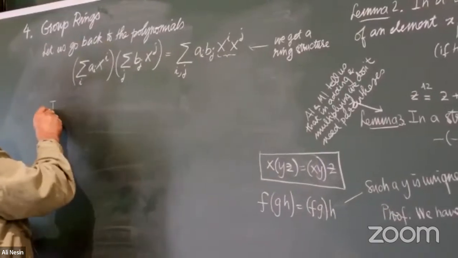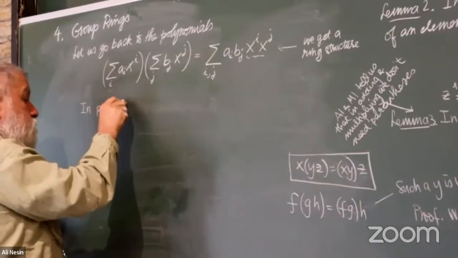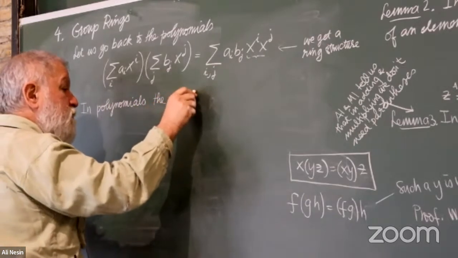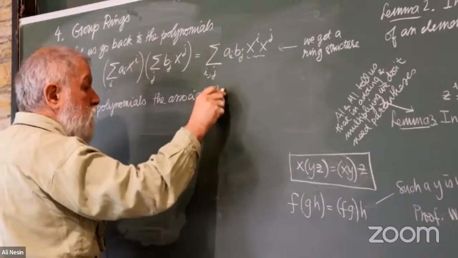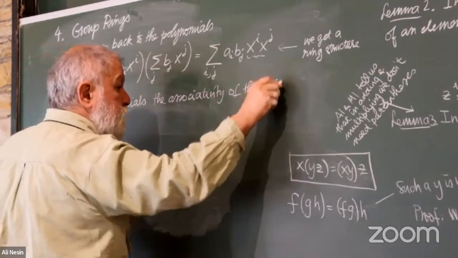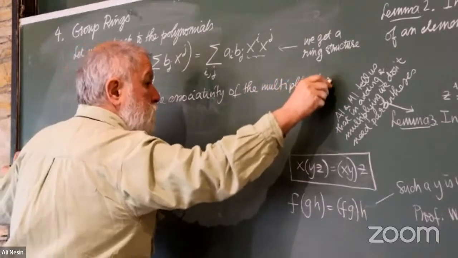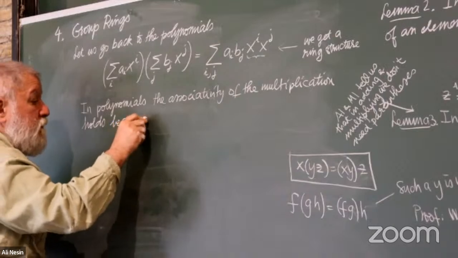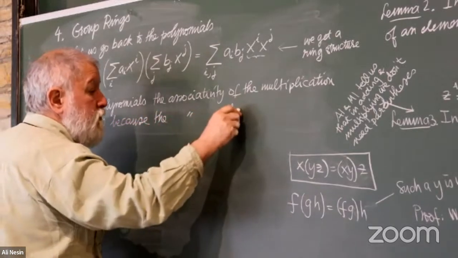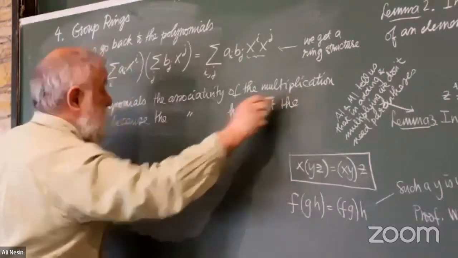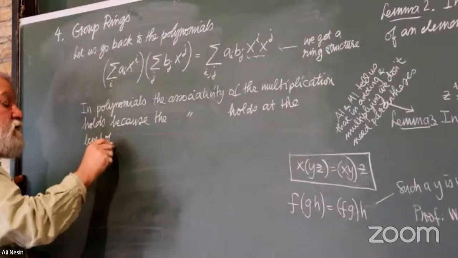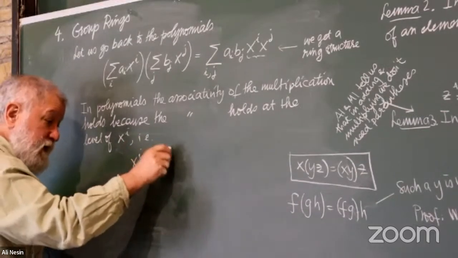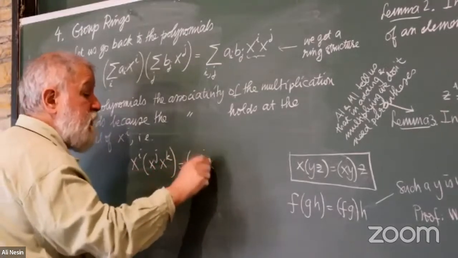Let me say, in polynomials, the associativity of the multiplication holds because the associativity holds at the level of x to the i's, i.e. x to the i times x to the j times x to the k multiplied like this or multiplied like this are the same.